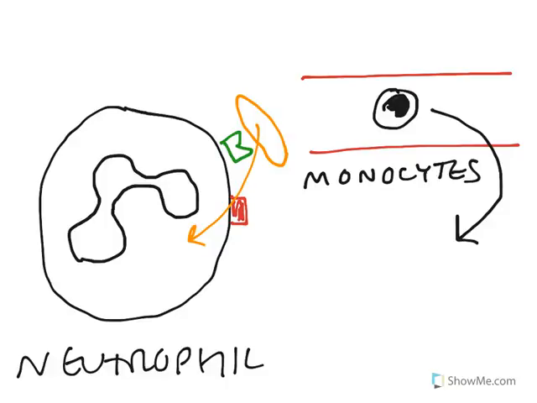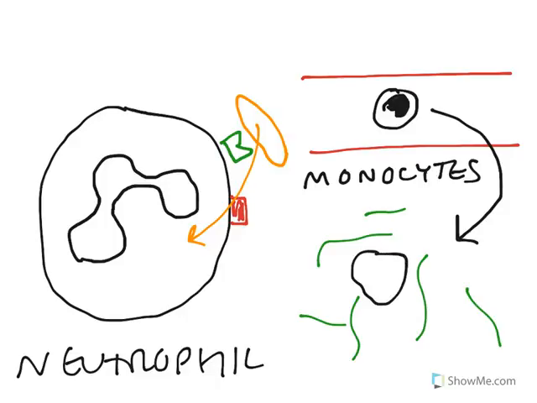And when a monocyte leaves the circulation and then sits within whatever body tissue you might want to consider, whether that be skin or gut or brain or whatever, that monocyte, once it's left the circulation, becomes known as a macrophage. So macrophages are simply monocytes which have left the circulation and started to reside within a specific tissue.